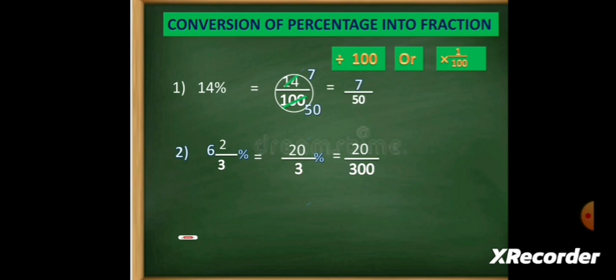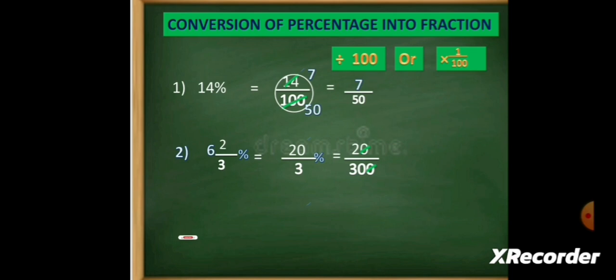Now we have to divide it by the common factor 10. So we will cancel this 0. And now can we divide this further? Yes. 2 is a common factor of both the numbers.